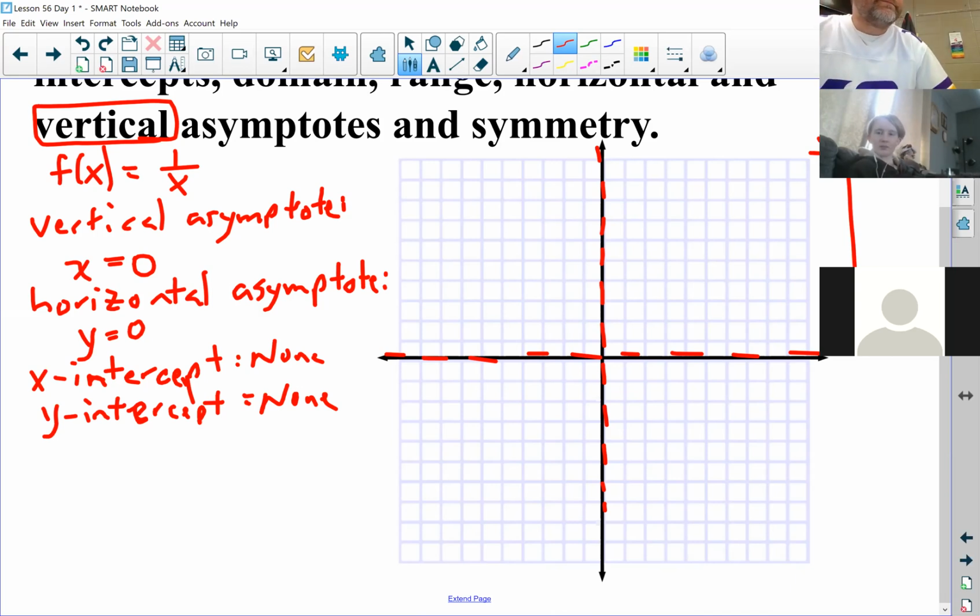I think the author in our book calls this the shotgun method. So let's pick -10, -1, -1/10, and then we'll pick the positives as well. So 1/10, 1, and 10.